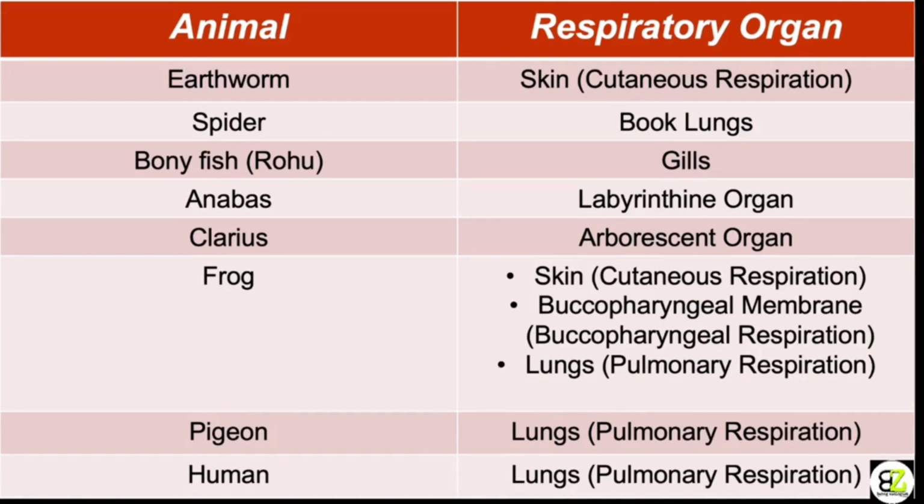Here you can see the different kinds of respiration, the respiratory organ and the animal in which the respiration is taking place. For example, in earthworm, respiration takes place with the help of skin. In spider, with the help of book lungs. In bony fishes, gill slits are there, operculum is also there, and in some cases some accessory respiratory organs are also seen, for example Anabas and Clarias.